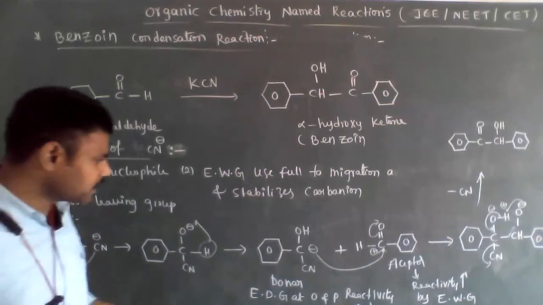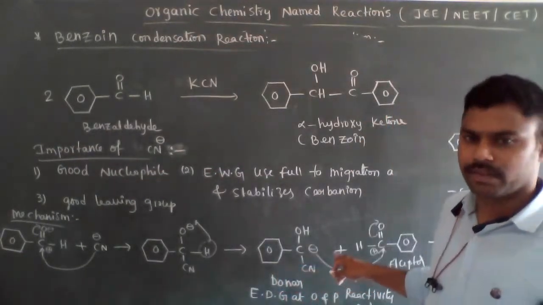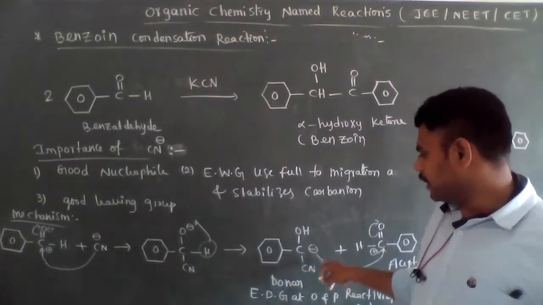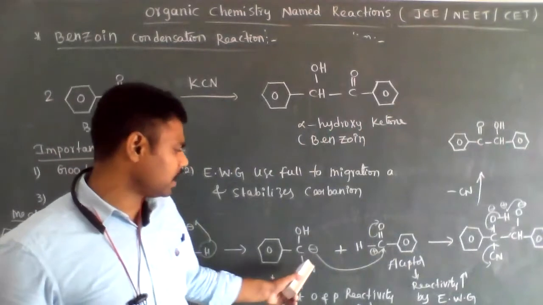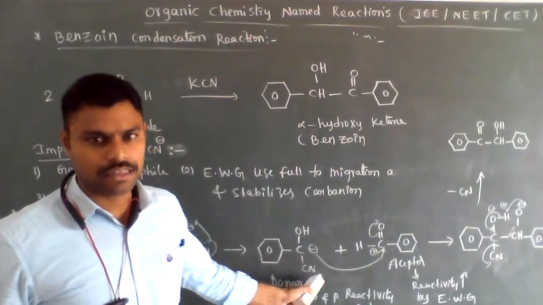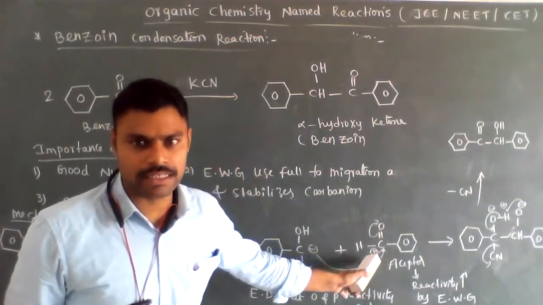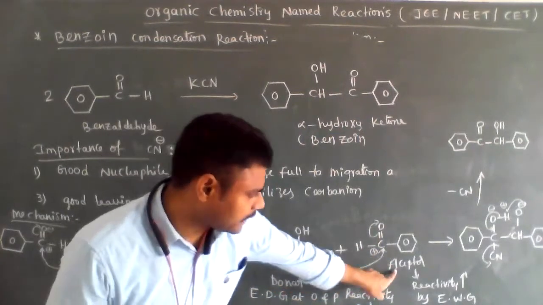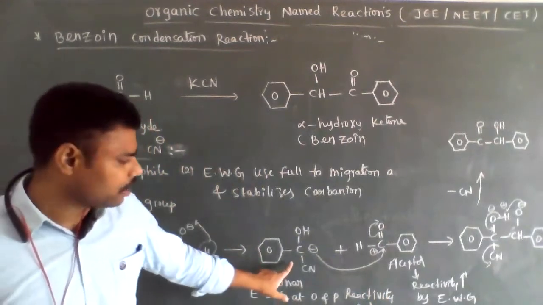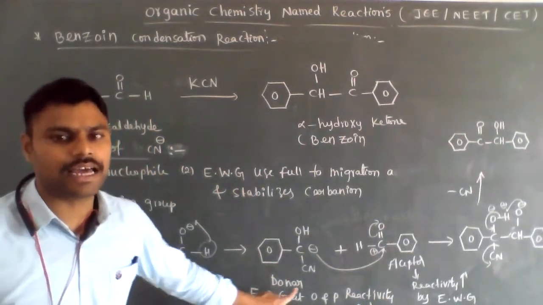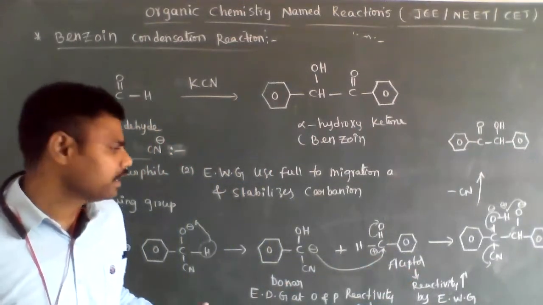So in benzoin condensation, what intermediate is forming? Carbanion intermediate is forming. The CN minus is a strong electron withdrawing group, so the negative charge will be stabilized. Then this attack on the carbonyl carbon means it is a donor and the other is an acceptor. So in 2 moles of benzaldehyde, one benzaldehyde acts as a donor, another acts as an acceptor in nucleophilic addition.